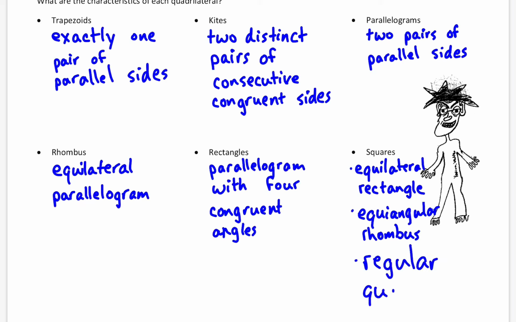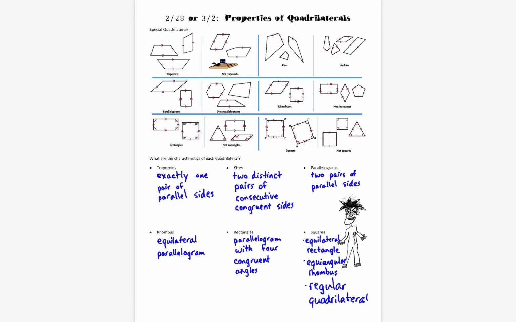Regular means all the angles are congruent, all the sides are congruent. Quadrilateral means that it's a four-sided figure. So those are the characteristics of the special quadrilaterals.